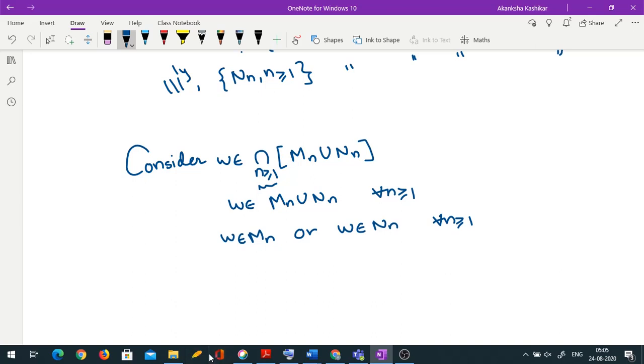Okay. So what does it mean? It means that for every n, omega is either in Mn or Nn, even though Mn's and Nn's themselves are sequences. But what do I know about Mn's and Nn's? They are decreasing. So let me try and draw a picture.